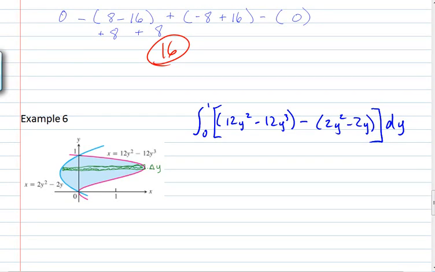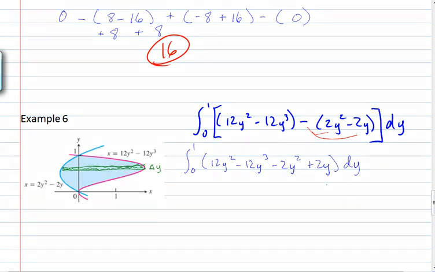Okay? So the arithmetic involved in solving this is still straightforward. We're going to distribute that negative, and then we get the integral from 0 to 1 of 12y squared minus 12y cubed minus 2y squared plus 2y dy. All I did right here was I distributed the negative.